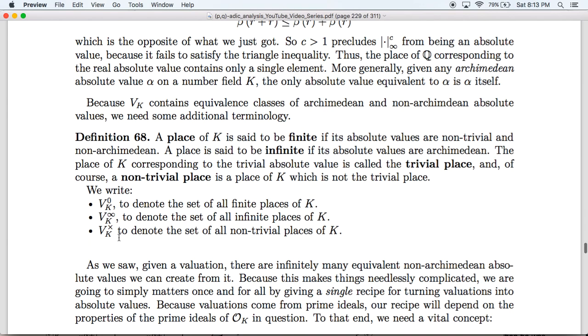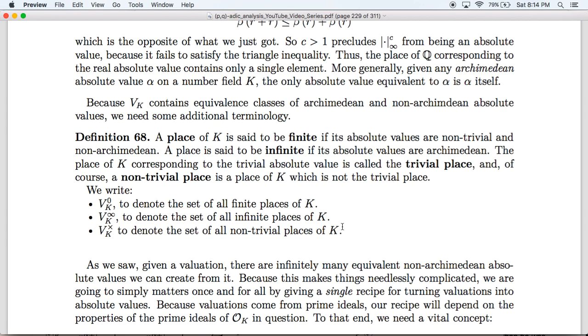My notation is more or less common, but most people will write m instead of v. I write V_k^0 to denote the set of all finite places of K, so these are the non-Archimedean absolute values. V_k^infinity denotes the infinite places of K. These are the Archimedean absolute values, and V_k^cross denotes the set of all non-trivial places.